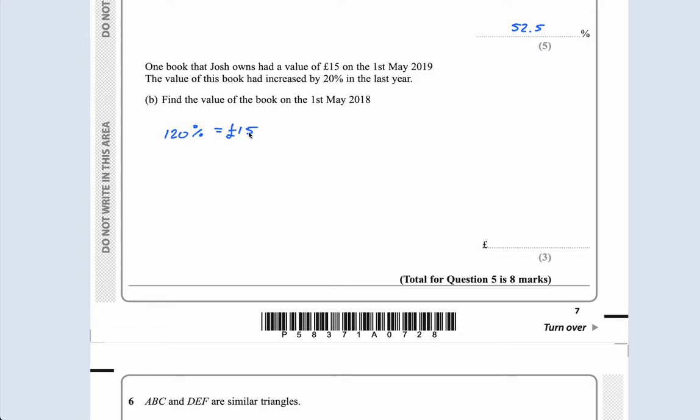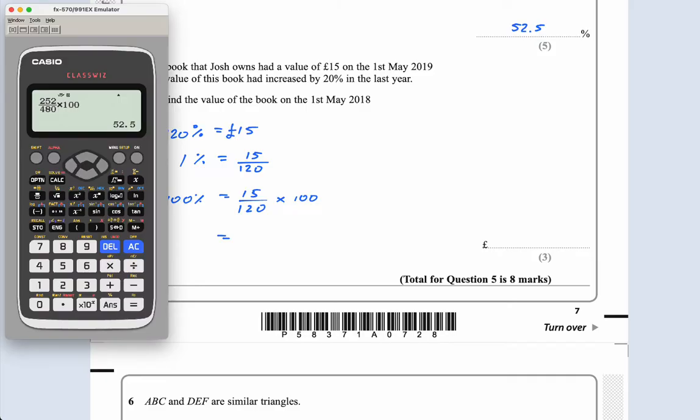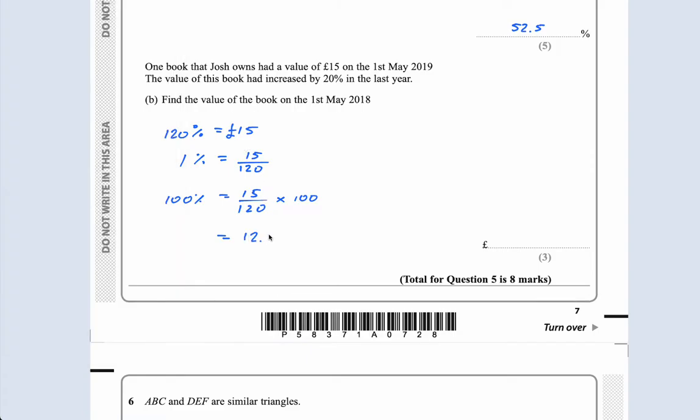You have to say £15 is 120%, then find 1%. 1% is 15 over 120, and then we're trying to get the original, which is 100%. So it's 15 over 120 times 100, which is 12.5.